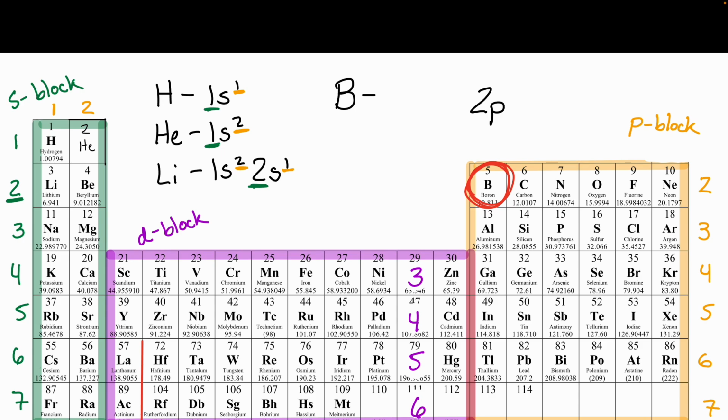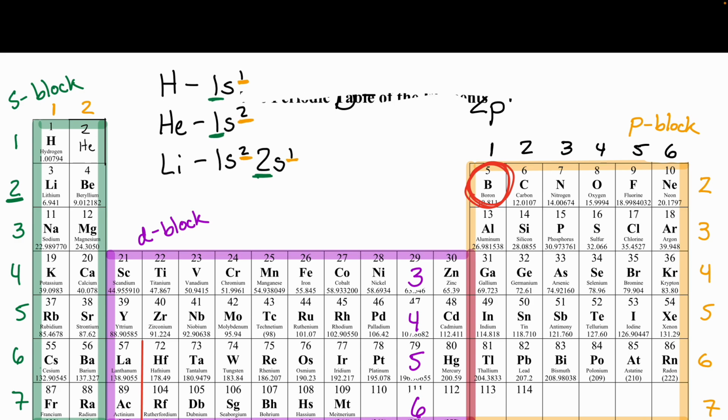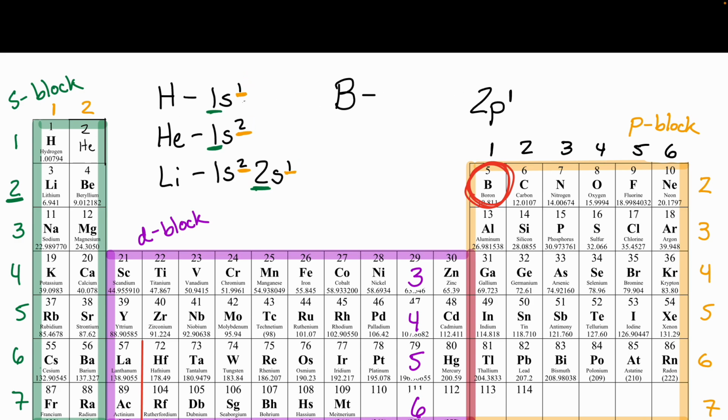And how many electrons live in that 2p orbital? Well, which element is boron in this p block? It is element 1. So it's only got one electron in that 2p orbital. But then it's got to contain everything that came before it as well. And what came before that 2p orbital?